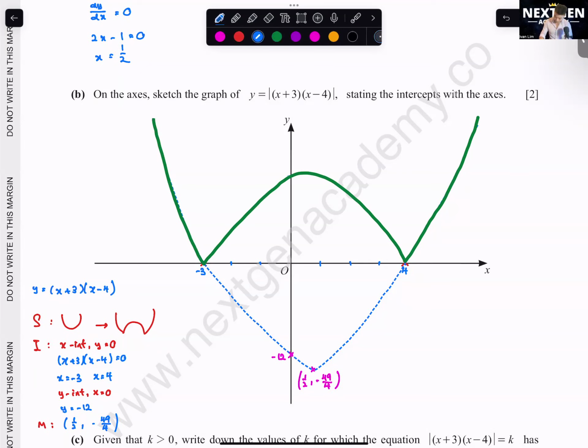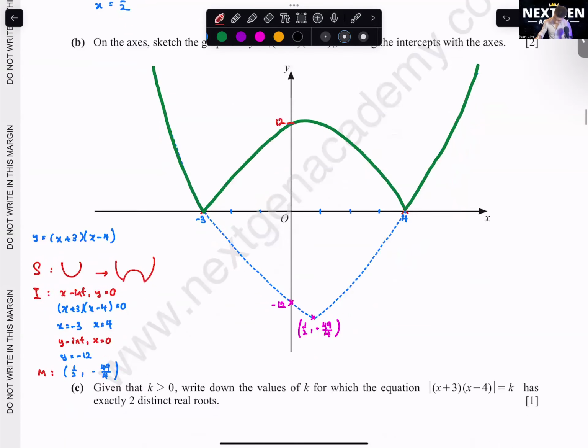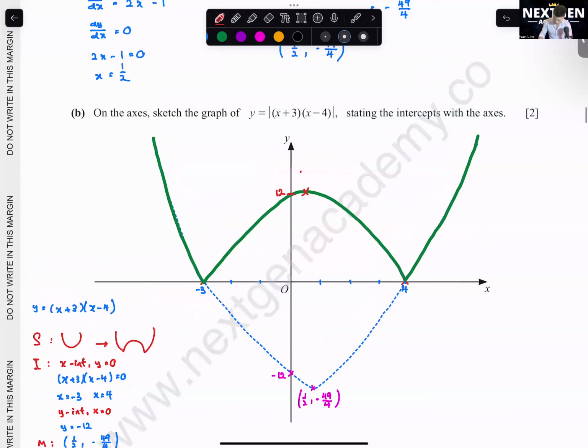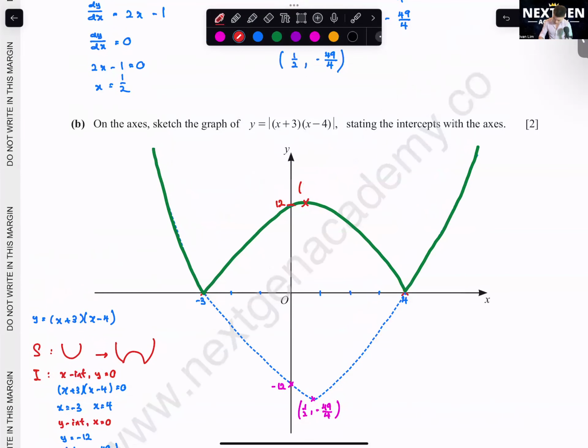Here we need to label 12. Okay, they never asked us to label this, but we can label it. Okay, so here is 1/2 and 1/2 and 49/4.